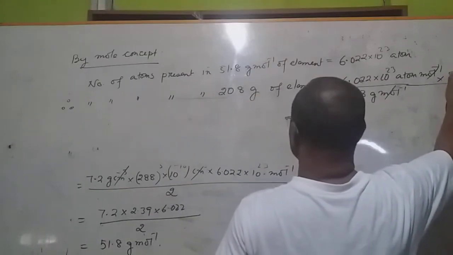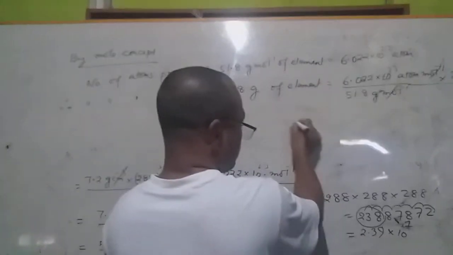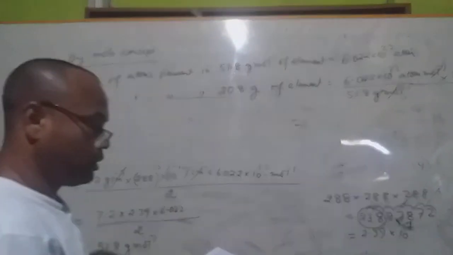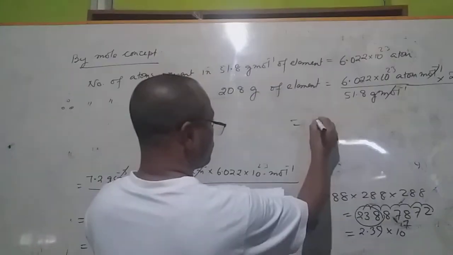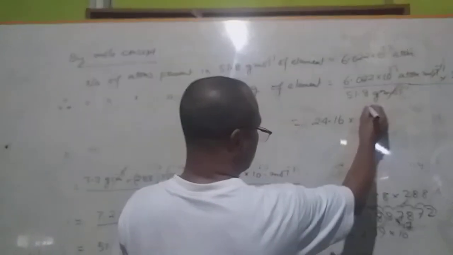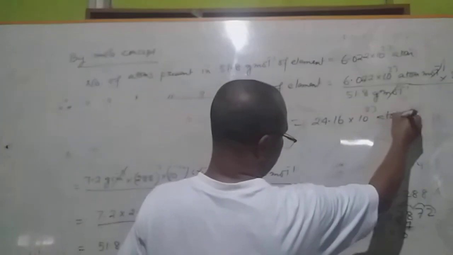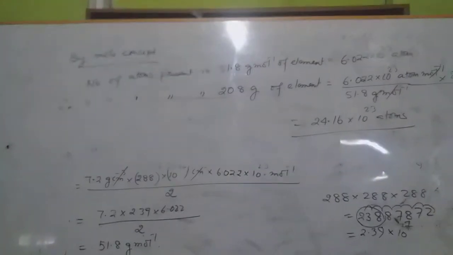This 208 gram. This 208 gram can be cancelled, and when we do the calculation, what answer do we find here? That is 24.16 into 10 to the power 23 atoms. So this is the answer for that question. Okay, you remember it.